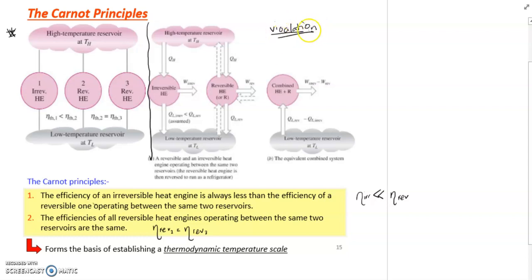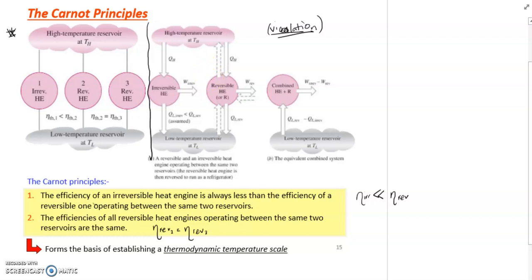Need to correct my spelling. Violation of the principle. The detailed explanation is in the textbook.